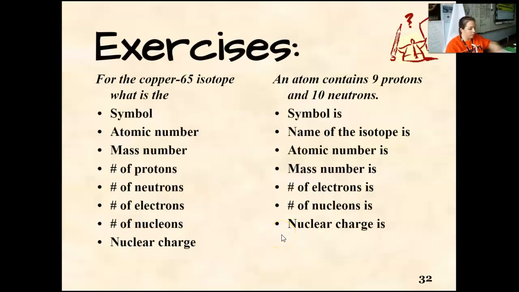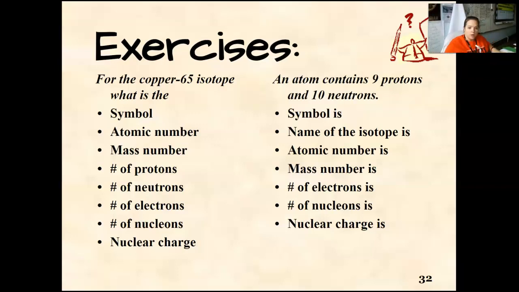I'm going to do this with you right now. Let's look at the symbol for copper. Copper is Cu. If you don't know its symbol, you can simply go to Table S and look at the names and the symbols all the way down. Cu is right in the middle there.